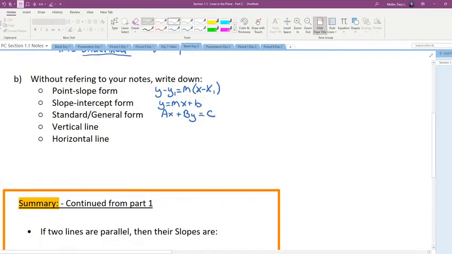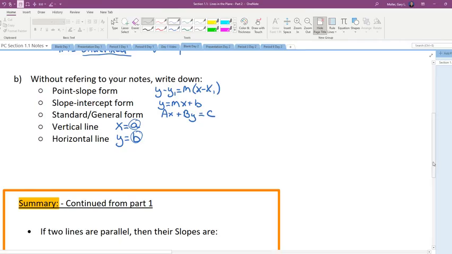A vertical line is always x equals some value. I'll just call it A. And a horizontal line is always going to be y equals some value. I'll call it B. And again, please note, I just sort of grabbed 2 random variables. A and B represent any real number in this case.